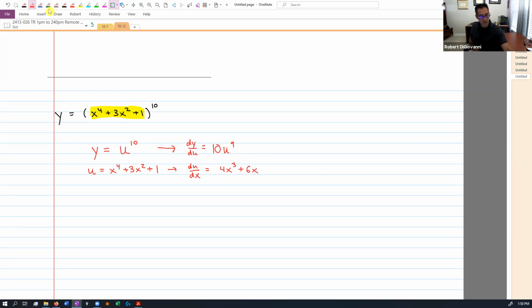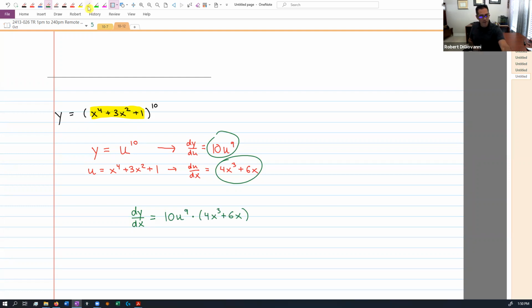And then to actually answer the question, dy dx, all we're going to do, and this is what happens every time with this method, is you take these two answers and multiply them together, and that's your answer. So I'm going to take 10u to the 9th times, in parentheses, 4x cubed plus 6x. And there's one more step.